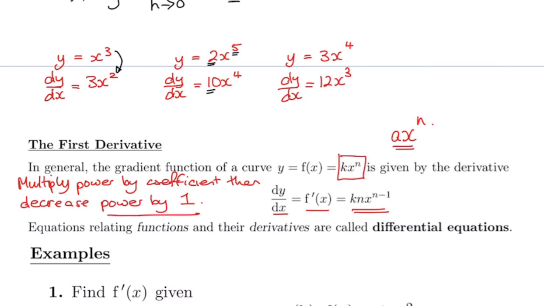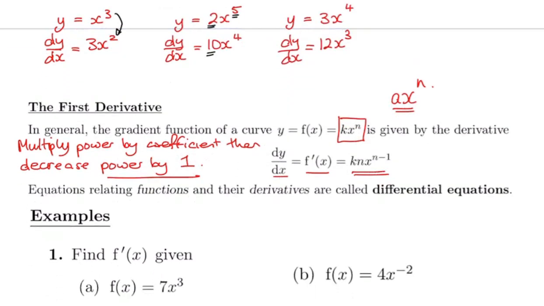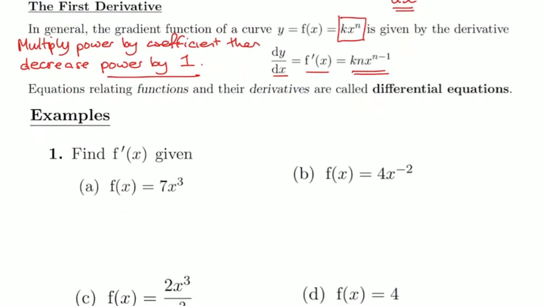And that is the basic rule for differentiation. So we multiply the power by the coefficient, and then we decrease the power by 1. Equations relating functions and their derivatives are referred to as differential equations. So we are now going to practice that in the two forms, function form and Cartesian form.